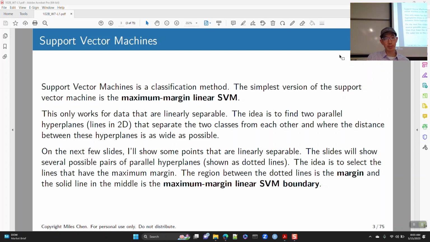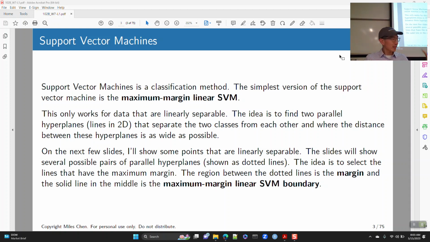And that will separate 2 classes, and you draw 2 parallel lines that are as far apart as possible. Okay, you want your parallel lines or your parallel hyperplanes to be as far apart as possible while still correctly classifying everything.